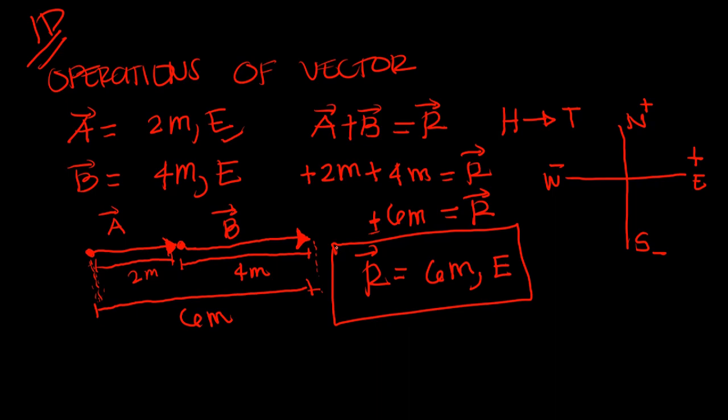Okay, so what if we change things? Again, let's write: A is 2 meters east, then you have B that is 4 meters east.